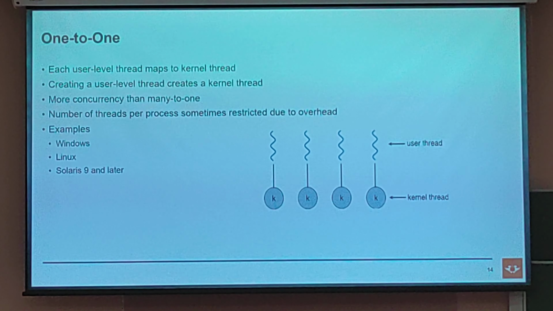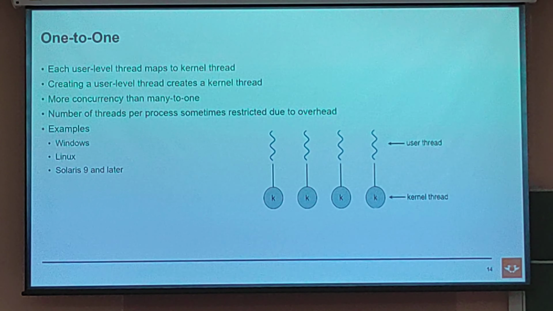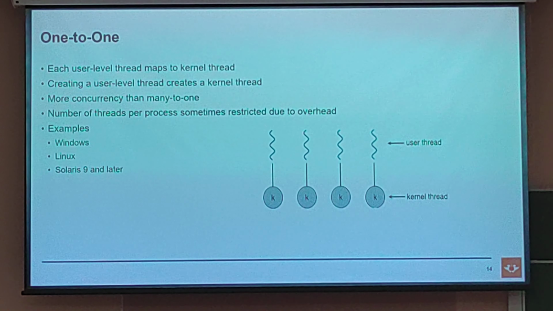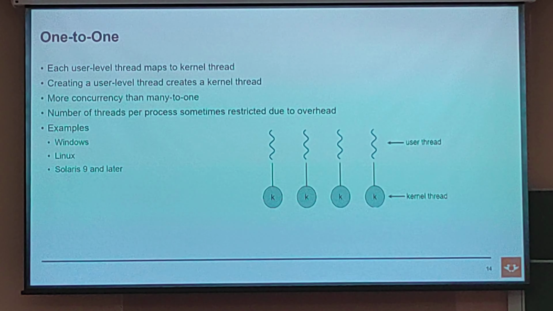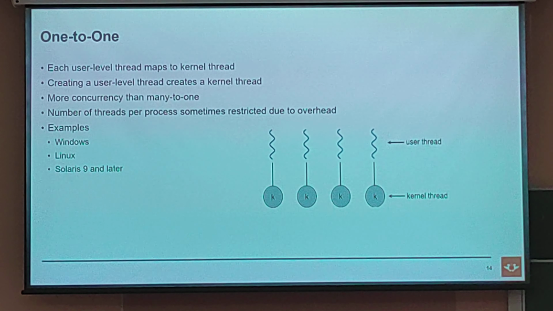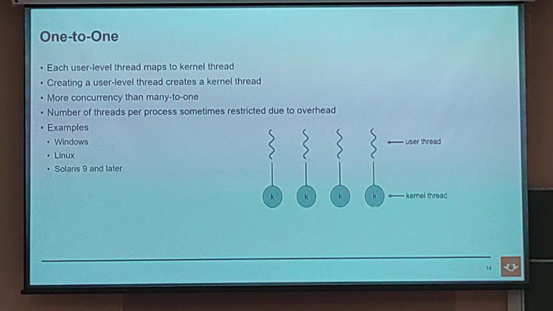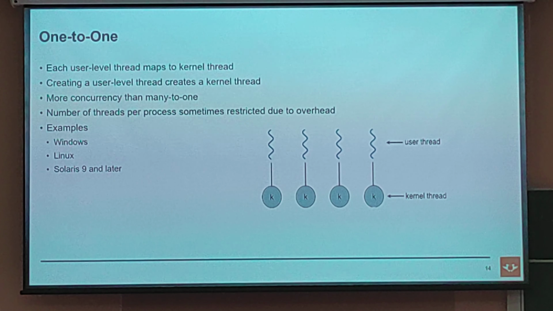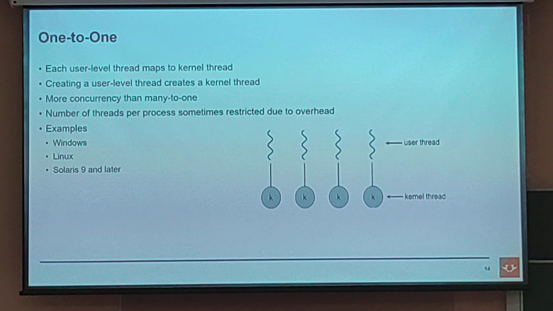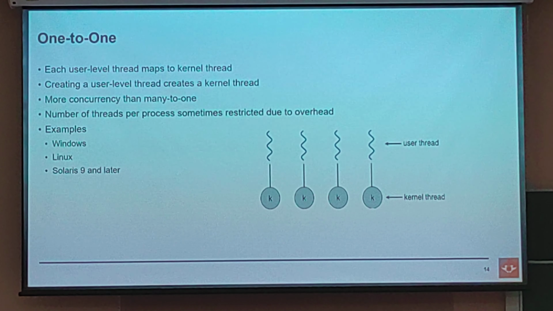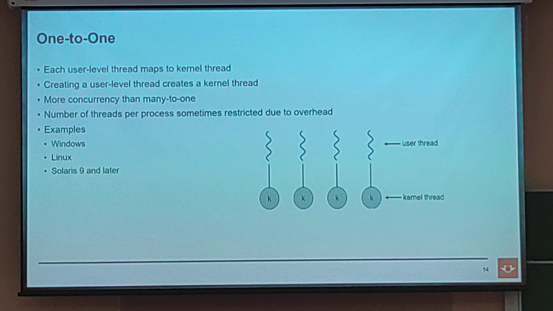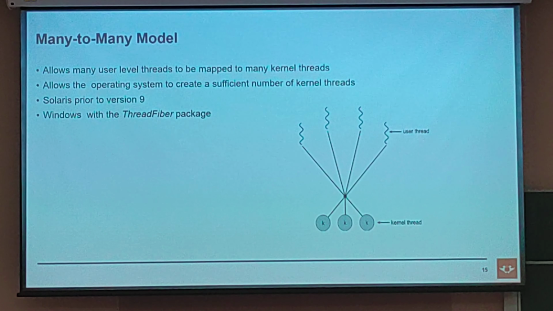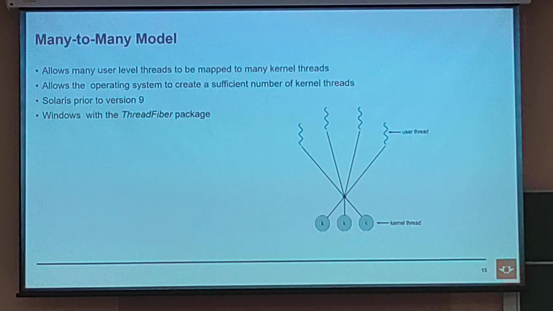When we schedule our kernel-level threads, they have a direct effect on the user-level thread as well, because it basically allows each one to run at the same time. Your normal modern operating systems, such as Windows, Linux, Solaris and so forth, use this type of model. Just remember that.